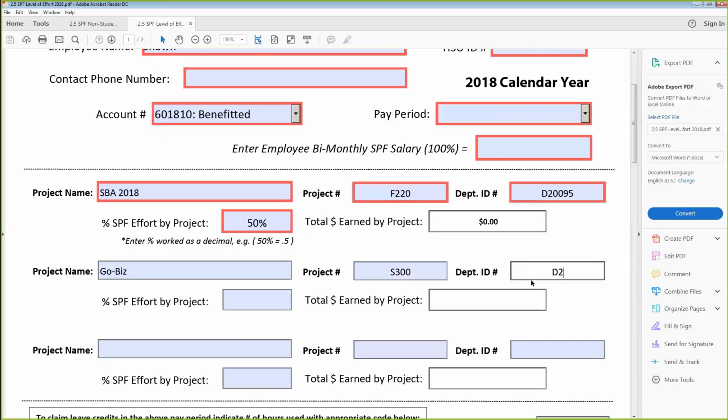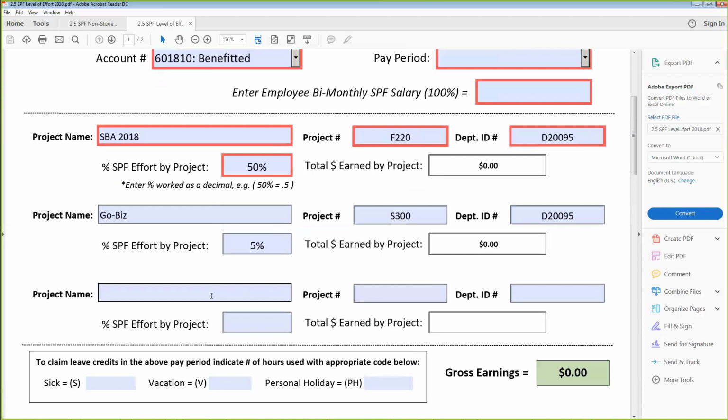D295, and we could say 0.05 of my time went to GoBiz, and I could do a third option of, I don't know, a different cash match option, and I could type that in if maybe it's a local grant that we have, and that would be a way to represent that.